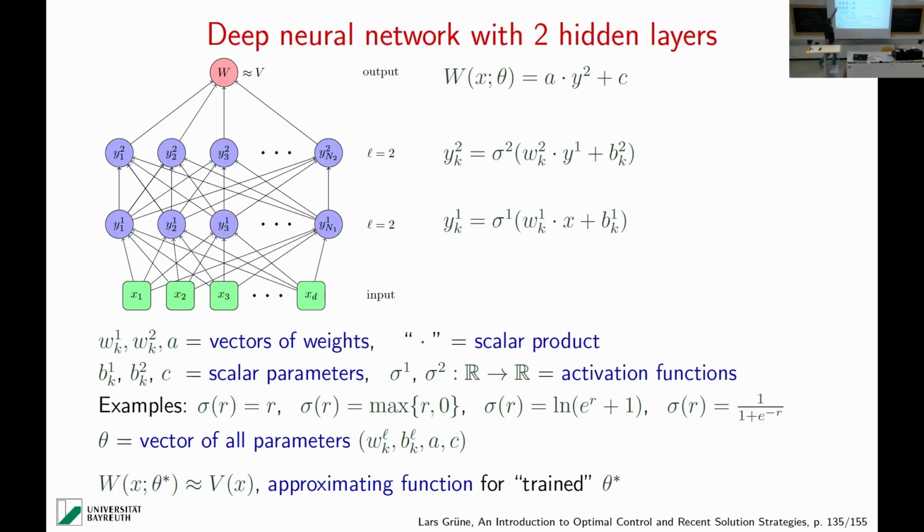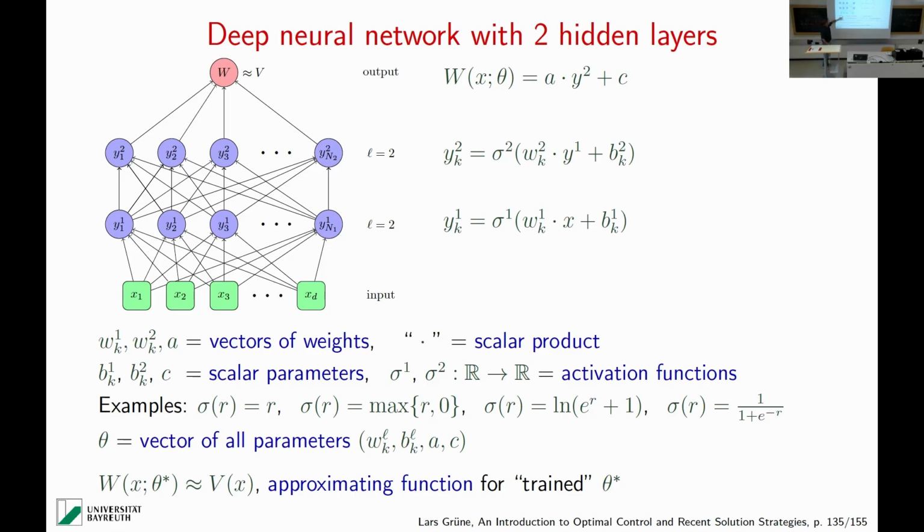And then we do the same on the second level. Here we don't take the input values, but we take the values from the previous layer, process them in the same way: multiply with weights, add a bias term, apply a nonlinear function. And then in the very end, we do essentially the same, except that we do not use a nonlinear function. It's just a linear combination plus some constant term.